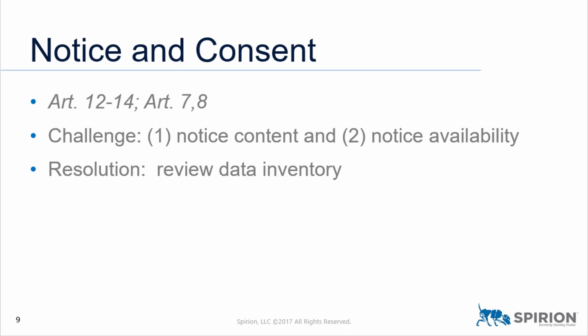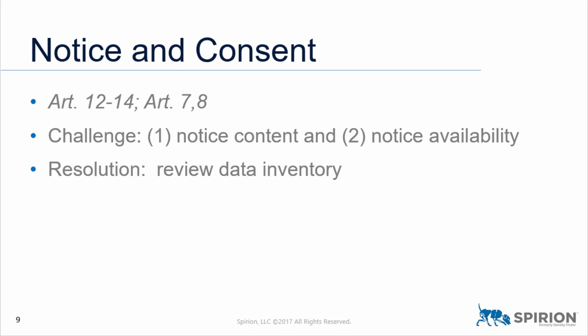So again, you go back to your data inventory and ask yourself, what data are you collecting? How are you providing notice to the data subjects that you're collecting it? If you're relying on consent, then obviously you need a consent mechanism to be able to track and to be able to produce a report that says, yep, we got consent from this data subject or that data subject. So that's really the challenge. And so your data inventory is again a great mechanism for finding all those answers.